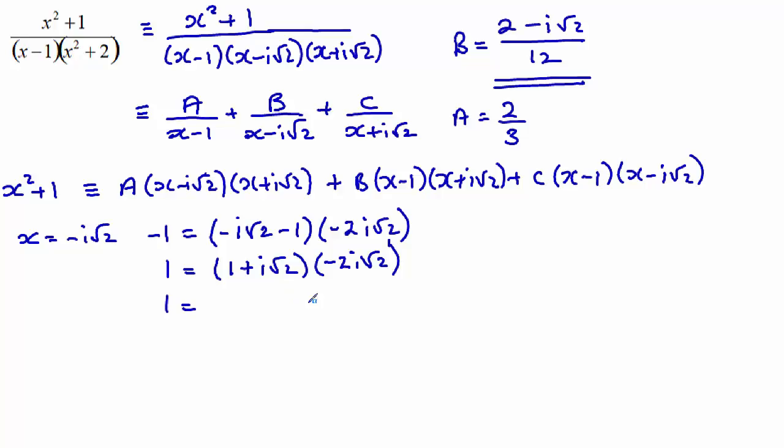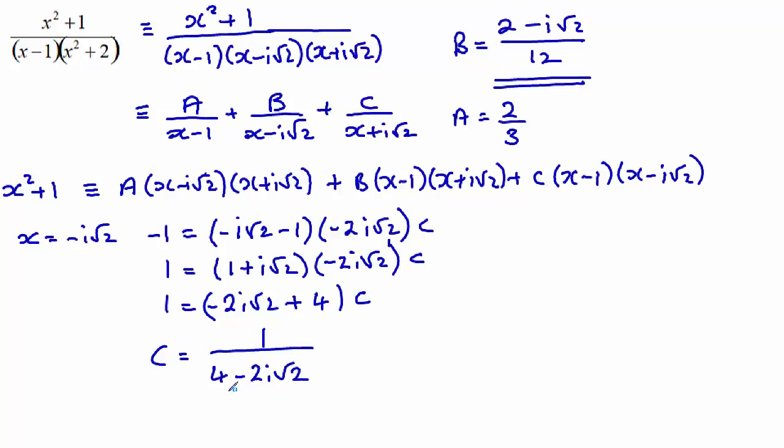So 1 is going to be negative 2i root 2, and then we'll have a plus 4. And I missed it. That was all multiplied by C, wasn't it? So C is going to be 1 over 4 minus 2i root 2.